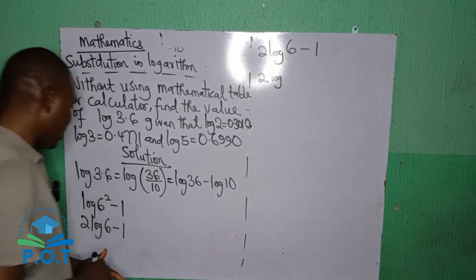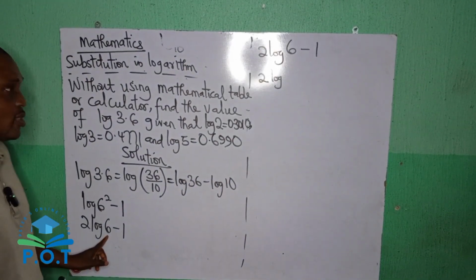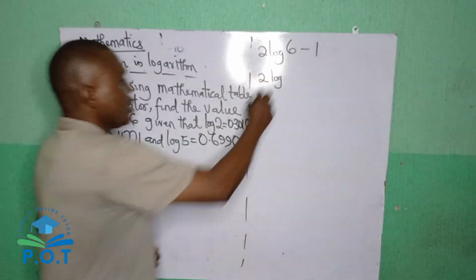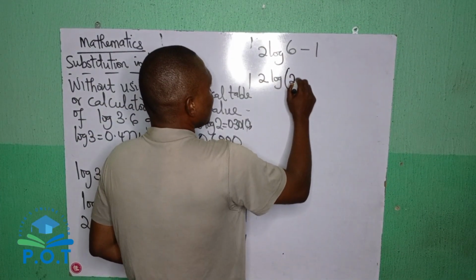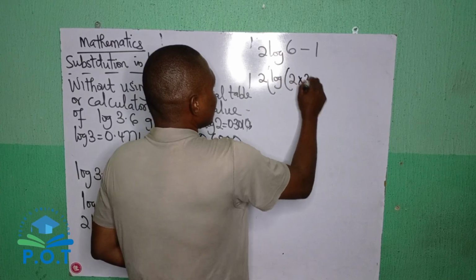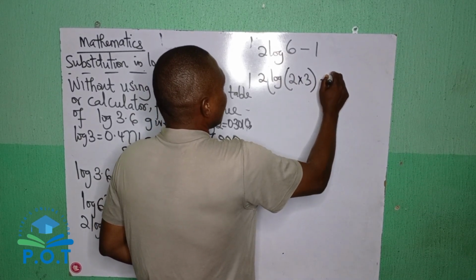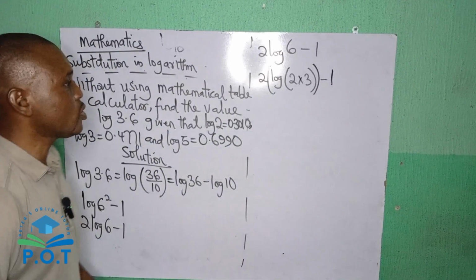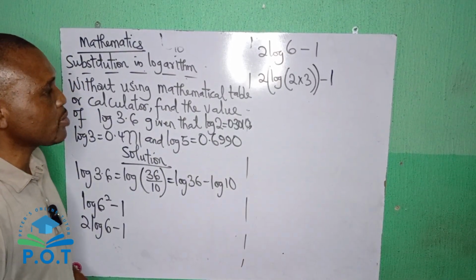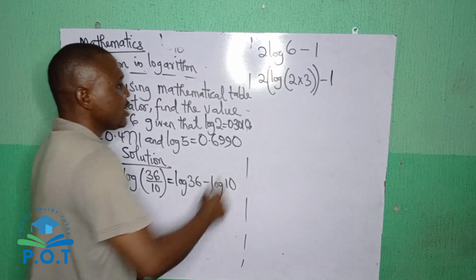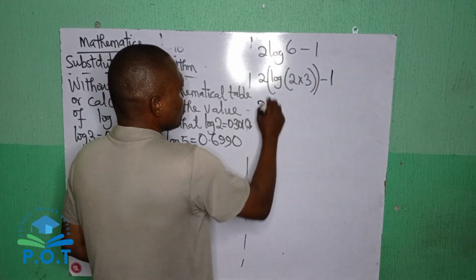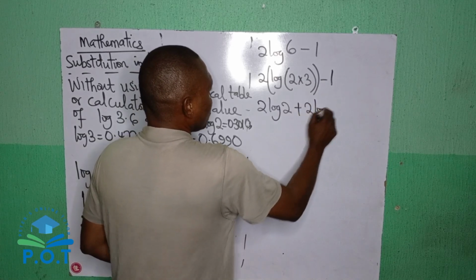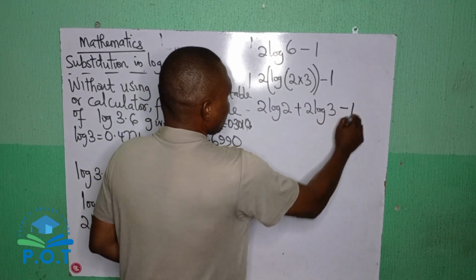Now, take a look at this. 6 is what? 2 times 3. So I'm having 2 log bracket open 2 times 3 bracket close minus 1. Right? So this can be written as 2 log 2 plus 2 log 3, minus 1.